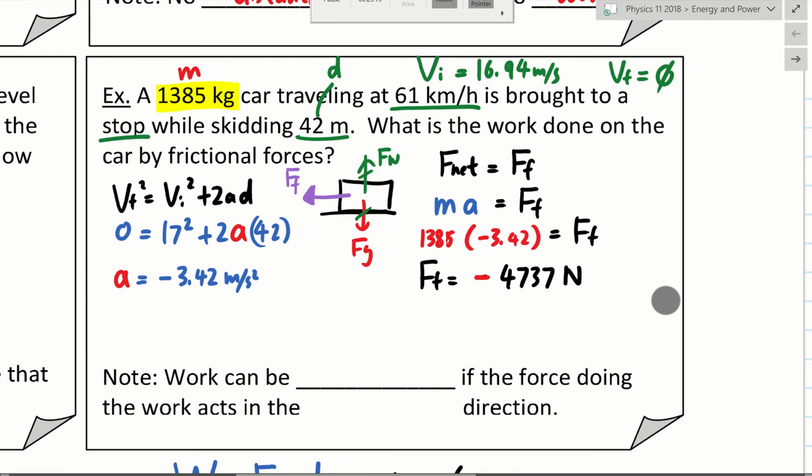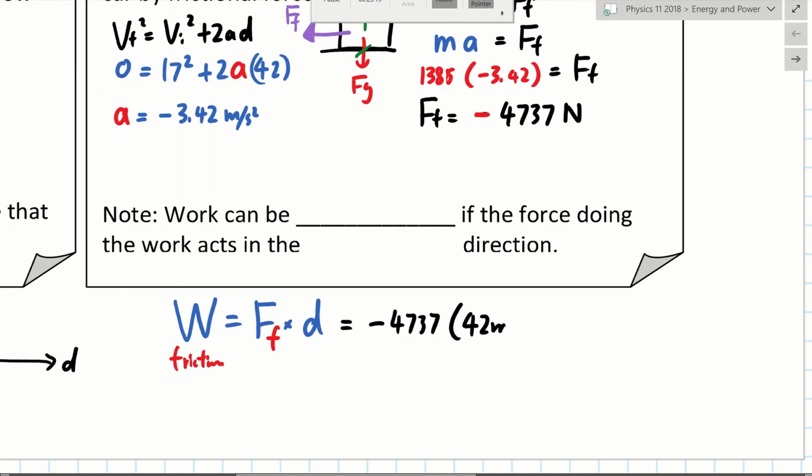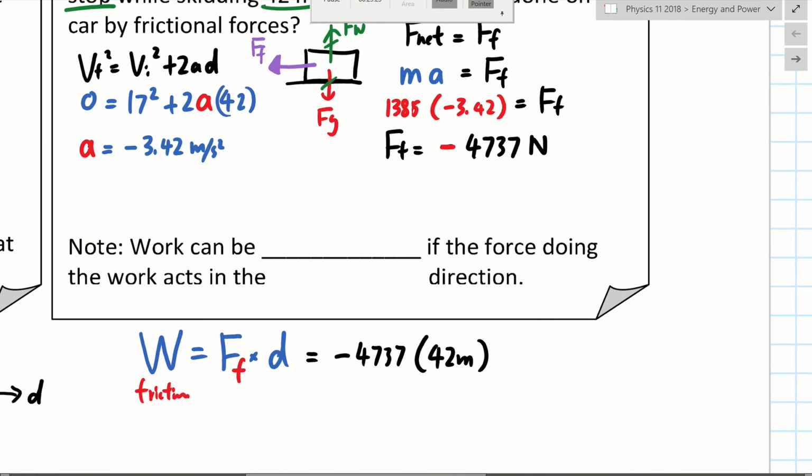How long did the car travel? 42 meters. So it's the same number. So the car moved 42 meters with friction on it. Therefore, the total work done by friction is roughly negative, you know what, it's a big number, roughly 200,000 joules of energy.